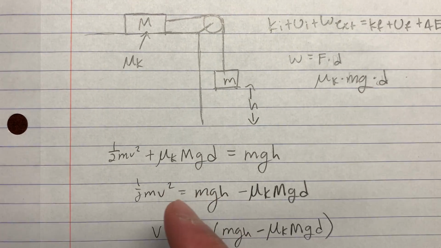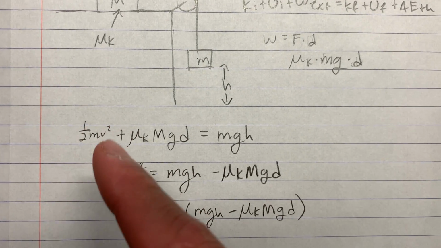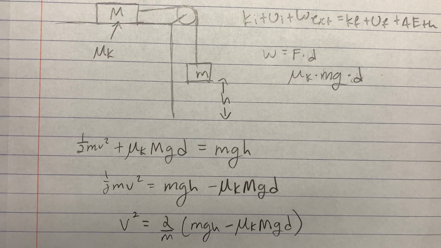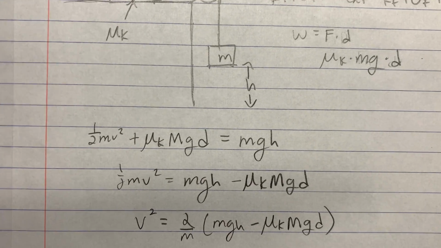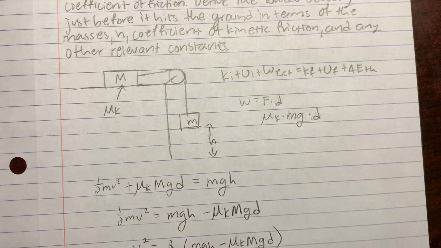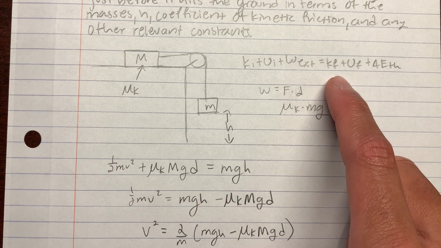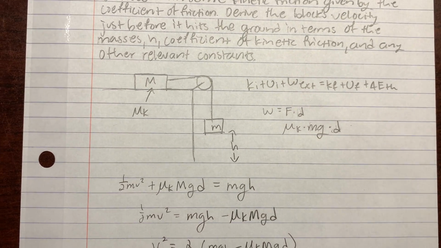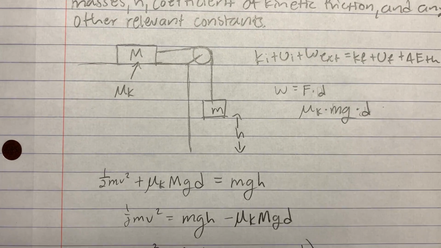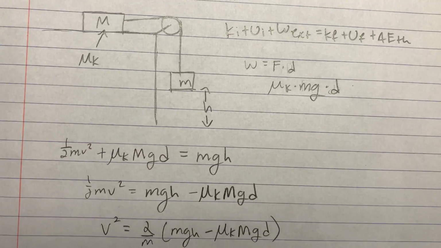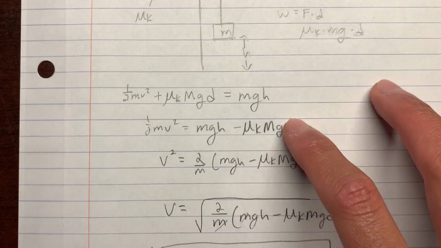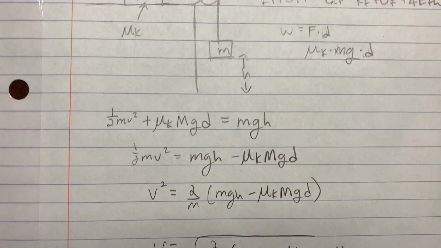So you would do kinetic energy plus friction, which would be 1/2 Mv squared, plus the coefficient of kinetic friction times mass times gravity times the distance, which equals the final. There is no final kinetic energy, but there is final potential energy, and there is no change in thermal energy. So it would be equal to mgh, with m being lowercase m.